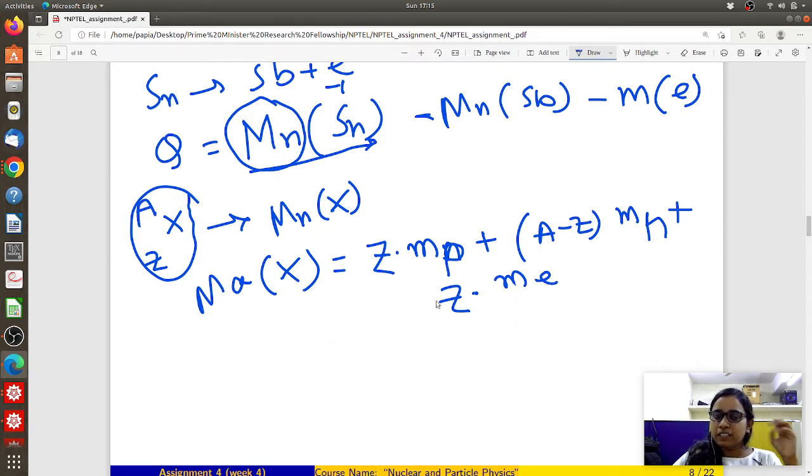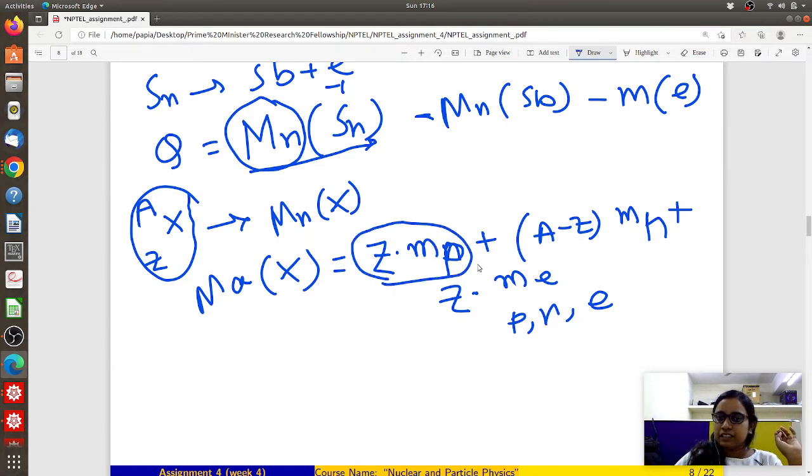Because an atom consists of three things: proton, neutron and electron. So what is basically the atomic mass? Atomic mass is the sum of each and every particle content. So this is for the proton mass, this gives us the electron mass, and this gives us the neutron mass. Okay, so as a whole it is the atomic mass.